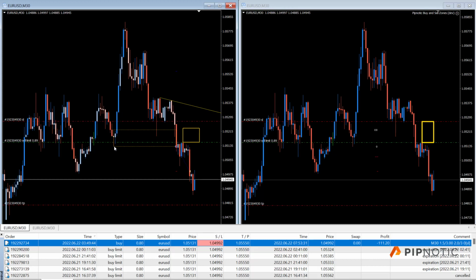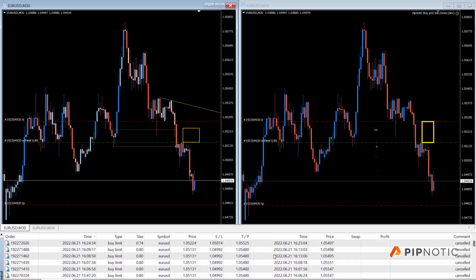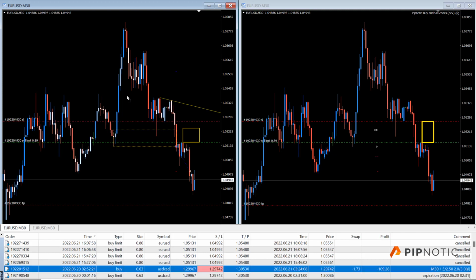So we would have put the entry here, which is what it did, and the stop would be down here. But price went into profit just a little bit, and then it turned around. We lose one, so who cares? That's fine. And we had another trade here, which is also a loser.